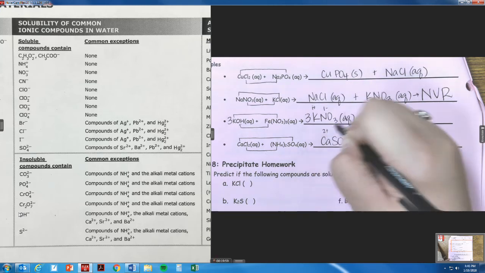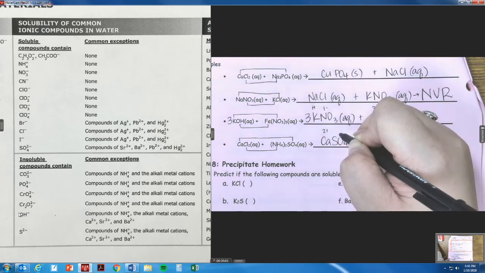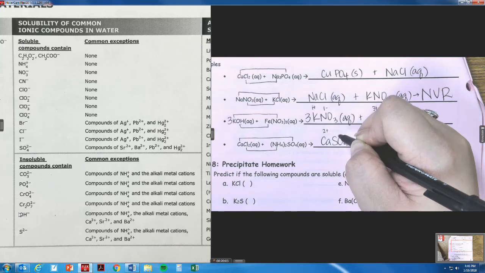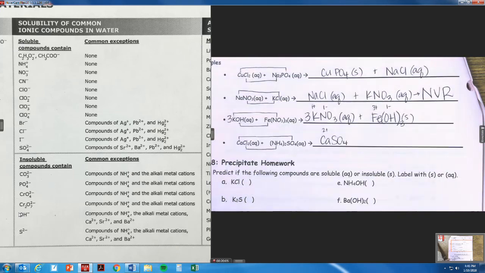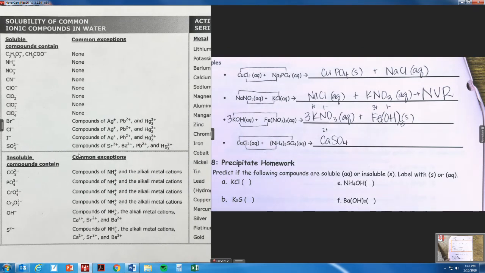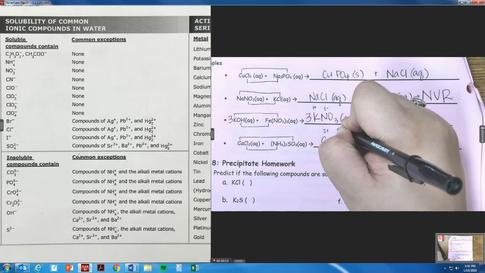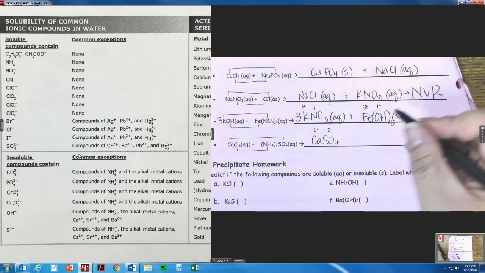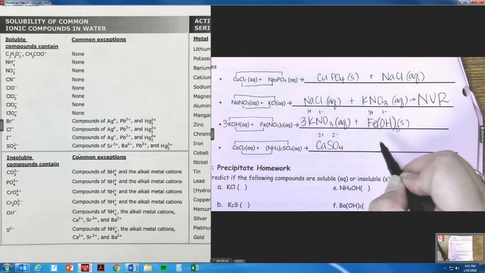Calcium has a charge of +2, and then sulfate, on the back of your periodic table, is a polyatomic, and it also has a charge of -2. So our charges are going to cancel each other out. We can leave it as calcium sulfate.